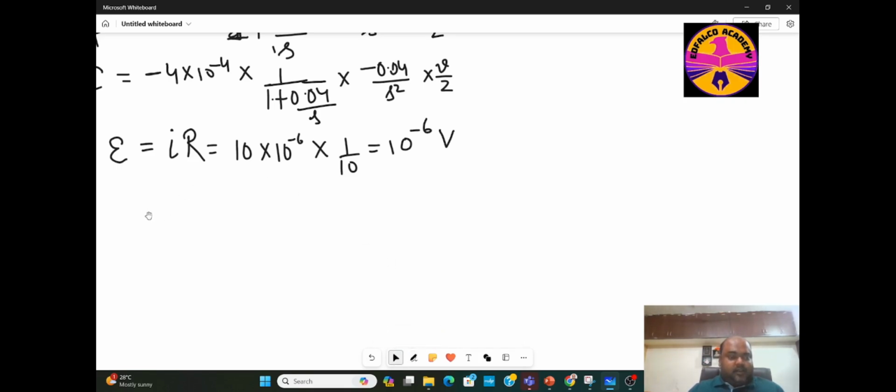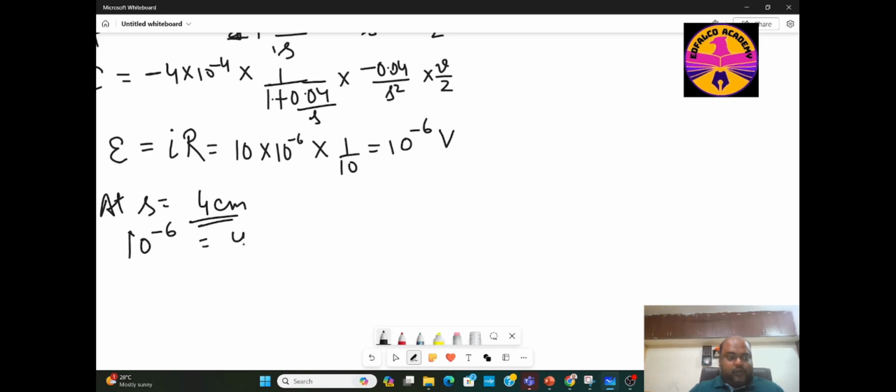And then, what is the question telling? That at S is equal to 4 centimeters. So now when I add 4 centimeter, what will happen to the above equation? Epsilon I have already calculated as 10 to the power minus 6.